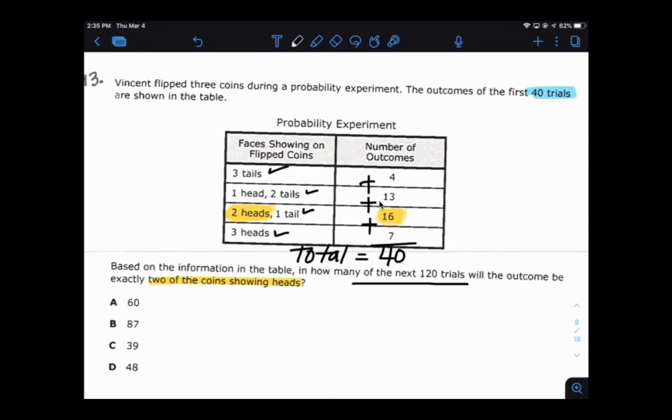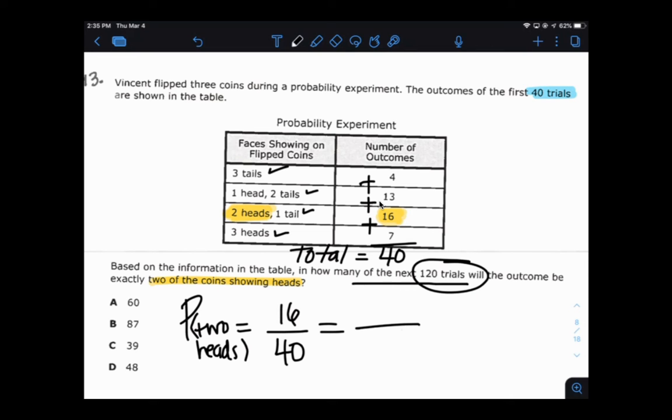So to find the probability of getting exactly 2 heads, it'll be 16 out of 40 trials. But since I'm making a prediction, if I read prediction, I think proportion. So the total number of trials that they want to predict with is 120.